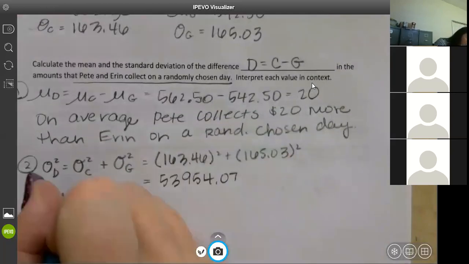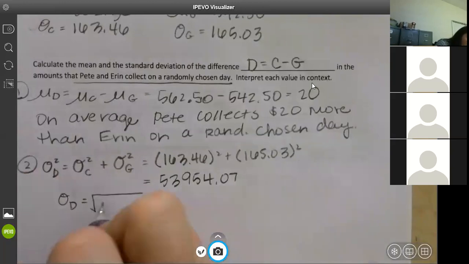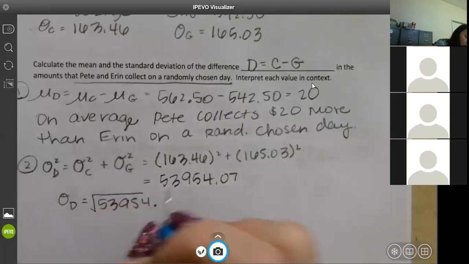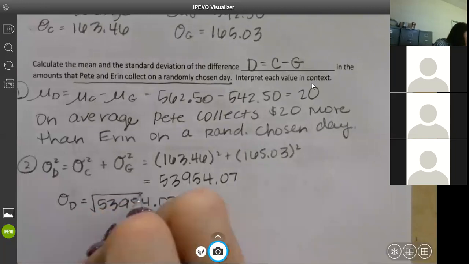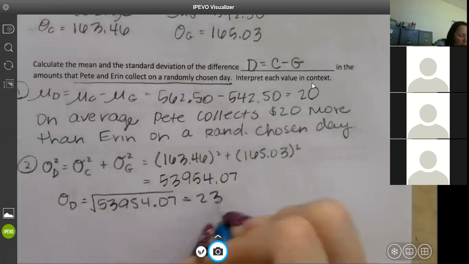To get the standard deviation of D, I'm going to take the square root of that number, which gives me 232.25.